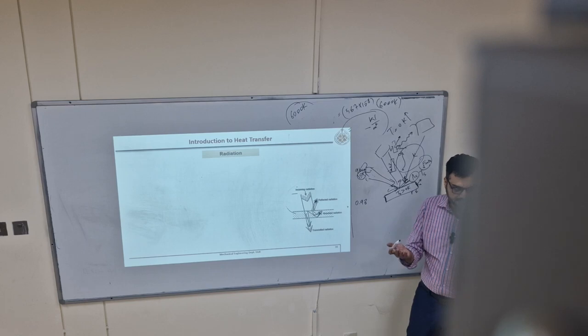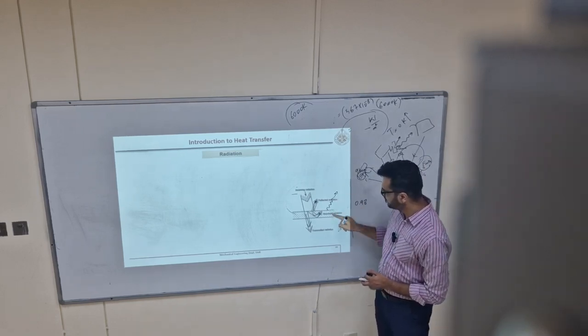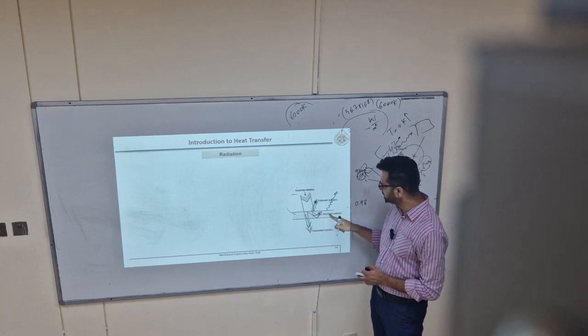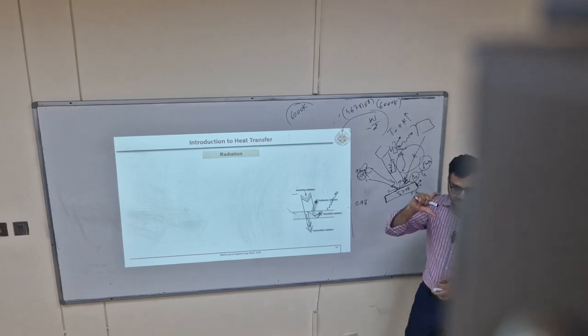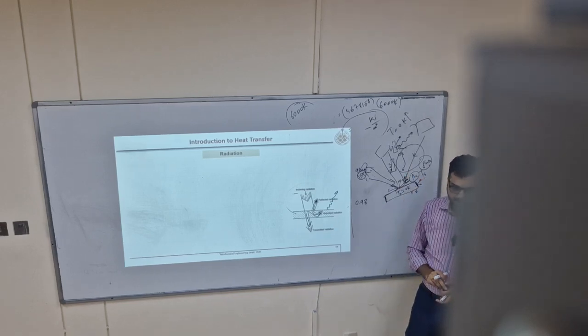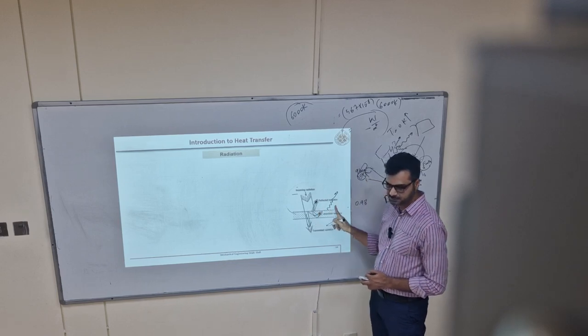So its temperature will rise, then it will start to radiate. As the temperature keeps on increasing, the amount of radiation emitted will also be increasing with T to the power 4. So these are two different things.